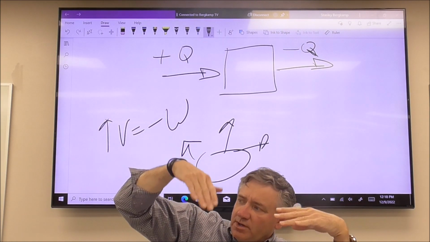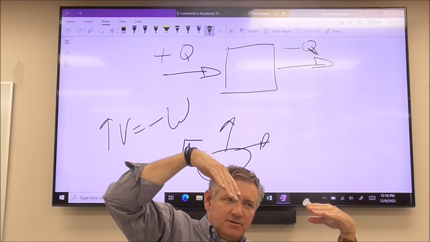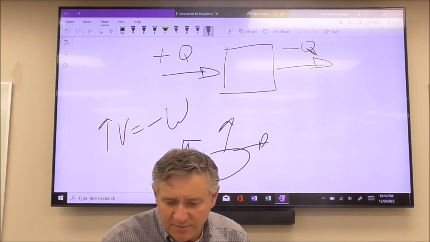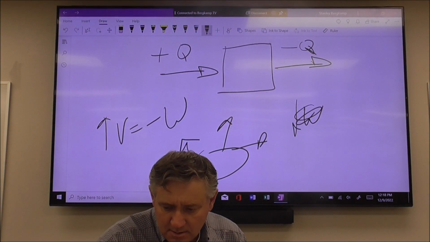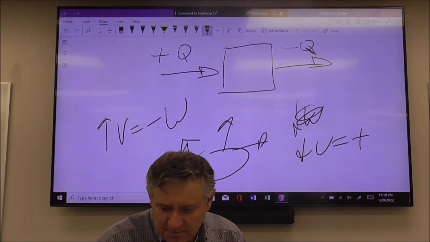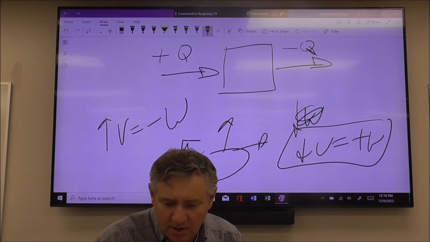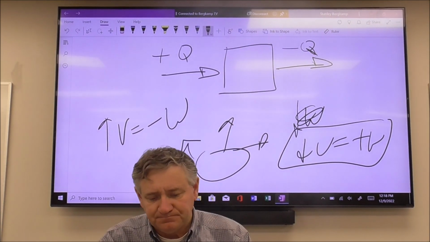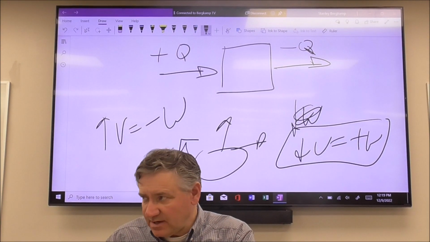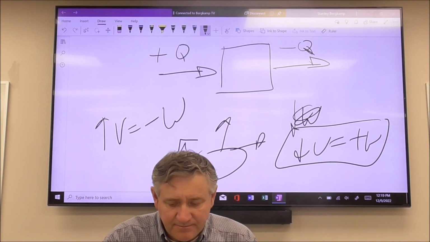So if the volume is getting bigger, that's negative work. If the volume is getting smaller, if you're decreasing the volume, that's going to be positive work. And you'll see why that works later on mathematically. So, Q can be positive or negative, work can be positive or negative.